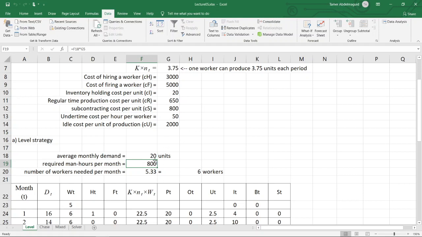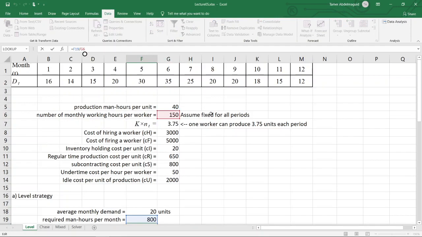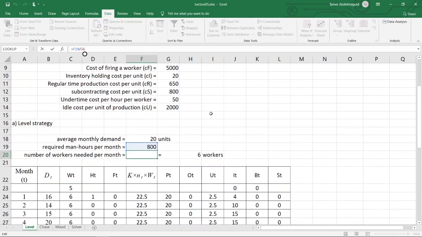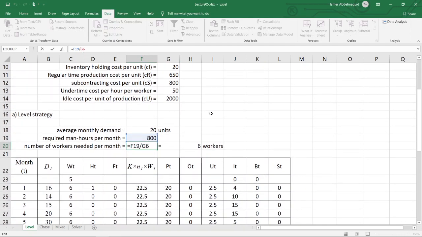Now, if you divide 800 by the number of monthly working hours per worker, which is assumed to be fixed for all periods, then you will get the number of workers that you will need in order to fulfill the required demand. Everything here is calculated on the average value.